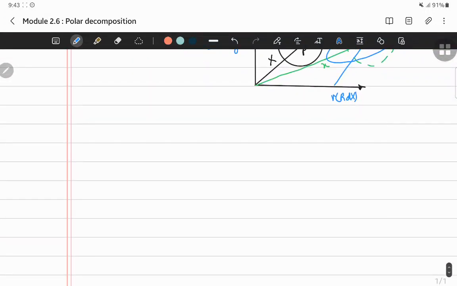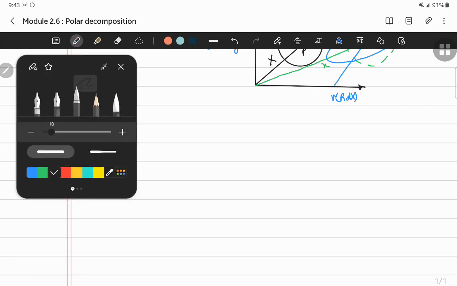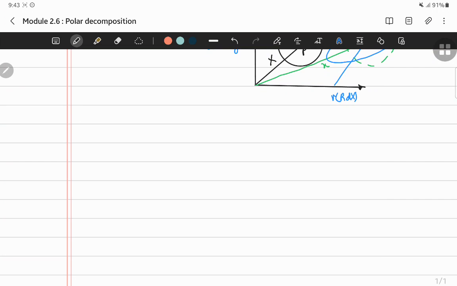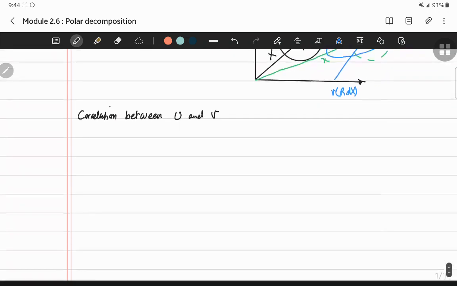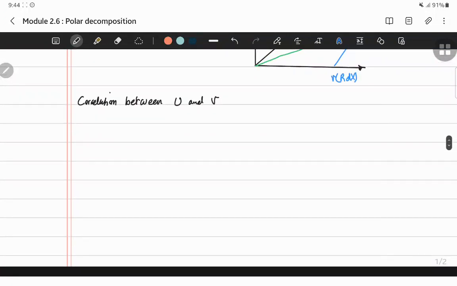All right. Next, we're going to establish some kind of relation, how to relate U and V. So you can see in here that RU is equal to VR, right?